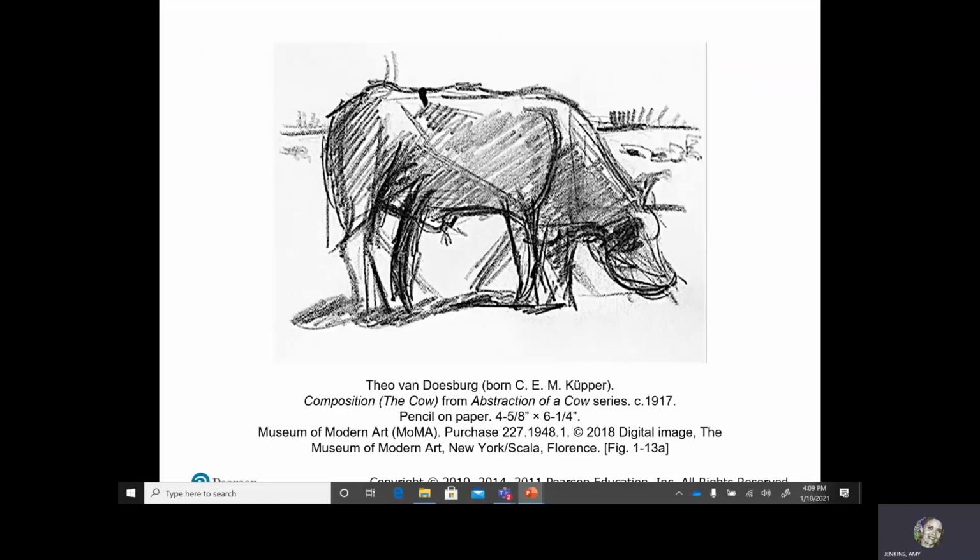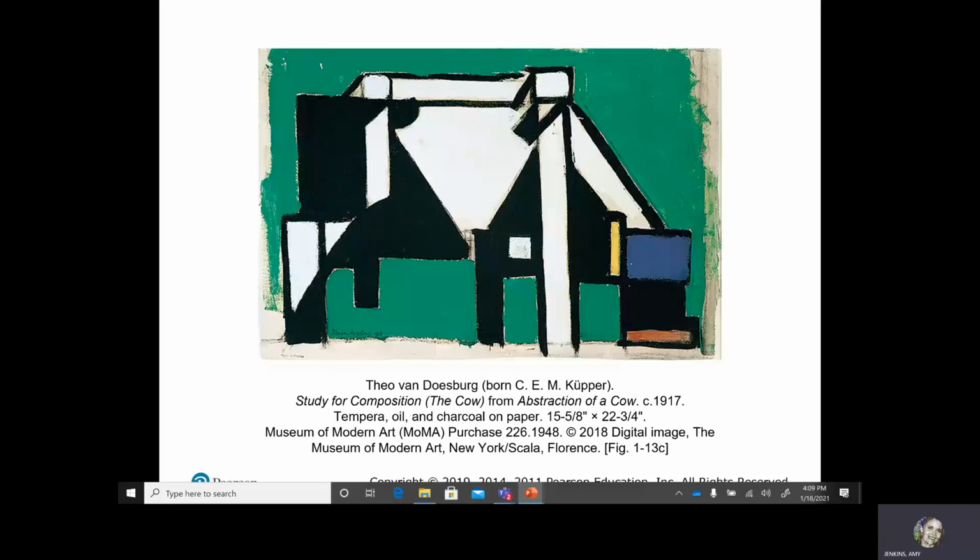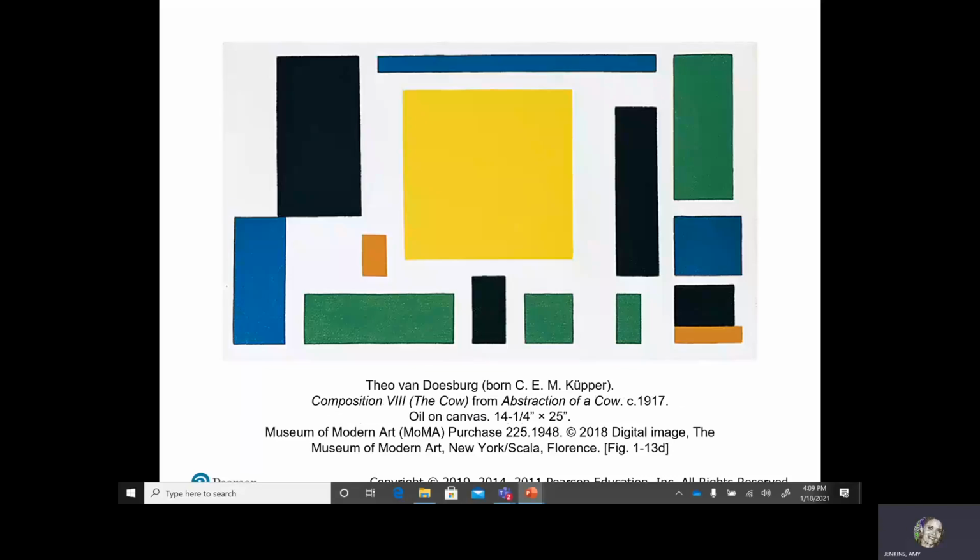This is the first artwork, which looks like an observational drawing of a cow, and it becomes more geometric and simplified, and even more geometric and simplified in another medium, in paint. And then very, very abstract here. And you would think that it was non-representational because you would not know that this image related to that cow in any way if you just saw this one artwork here.